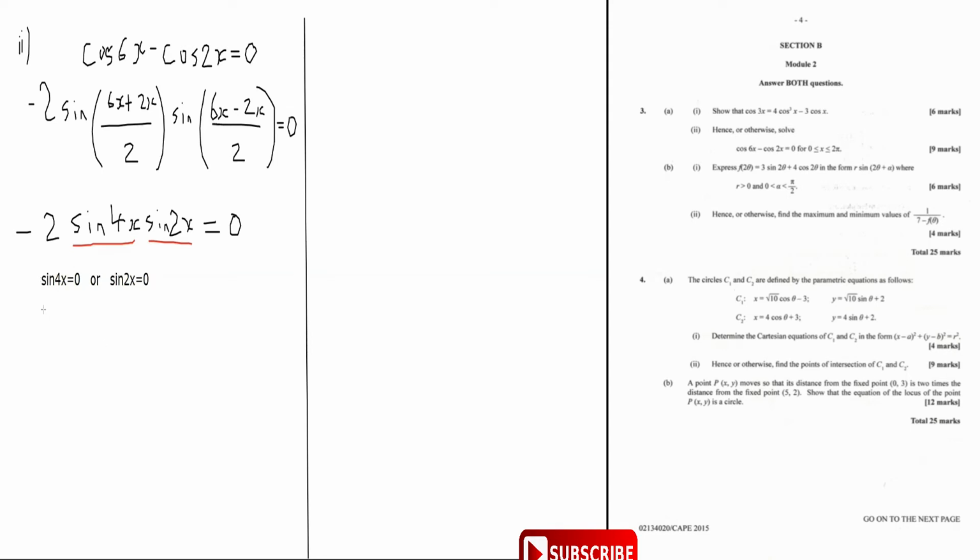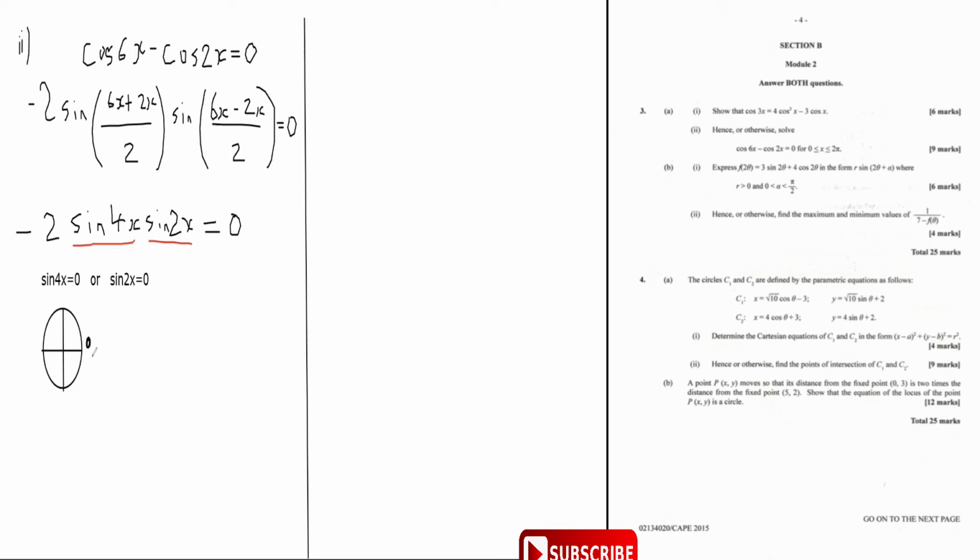Now, if it is sine 4x equal to 0, you can draw a circle and split up your quadrants. If sine 4x is equal to 0, your principal acute angle is going to be sine inverse of 0, which is 0.